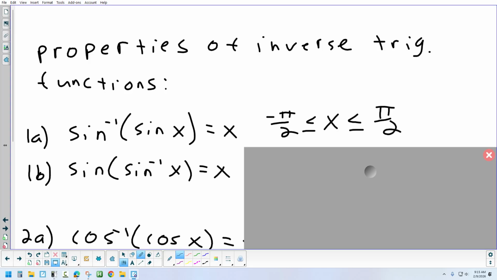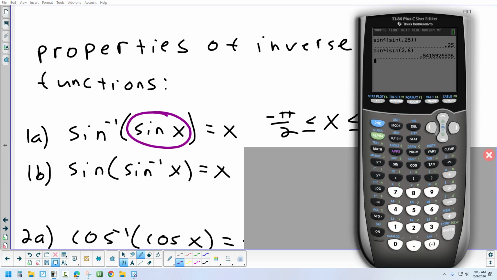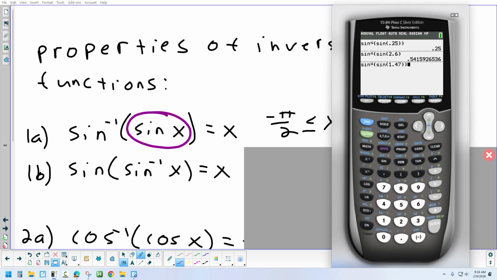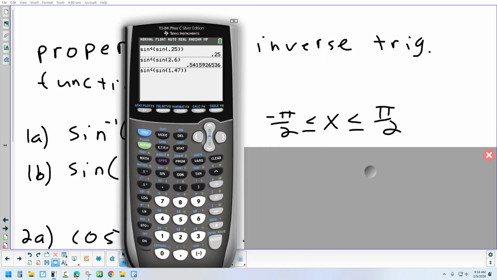So in order to know when these formulas are going to work, look at the inside formula and ask yourself, what is the domain of the inside formula? That will tell you when the formula works. So if I did the inverse sine of the sine of 1.47, would I get back 1.47 when I hit enter?